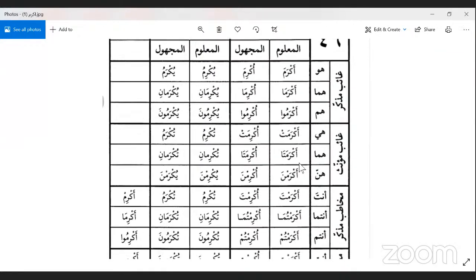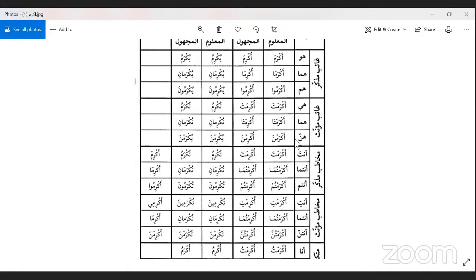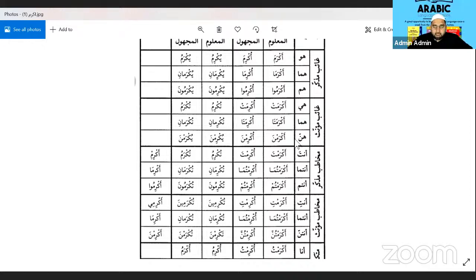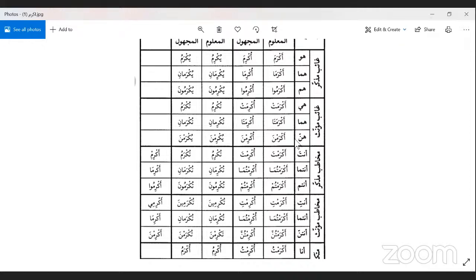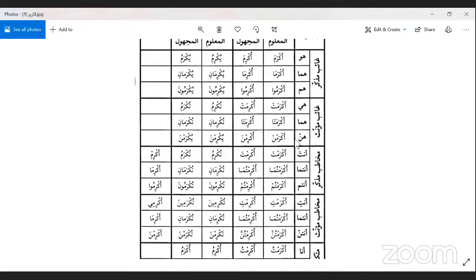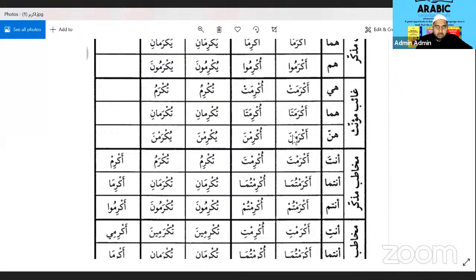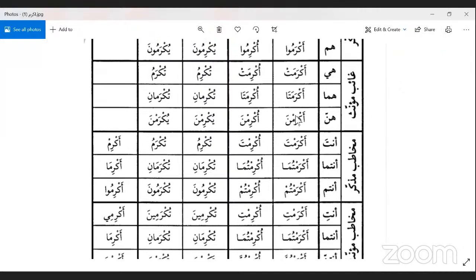Okay. Go ahead. Huwa akrama. Huma akrama. Correct. Hum akramu. Excellent. Hiya akramat. Excellent. Huma akramata. Yep. Hunna akramna.